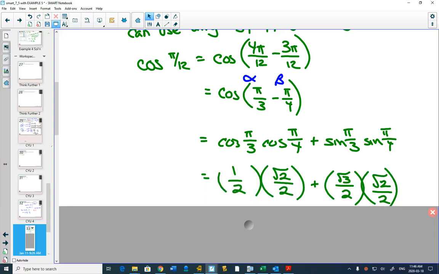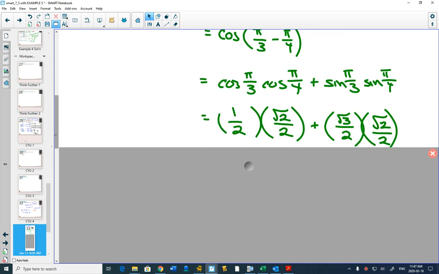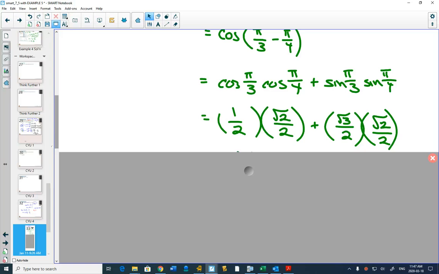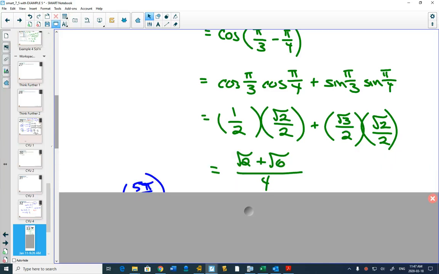Plugging in your values, and you have to write your final answer as a single fraction. So how do you multiply fractions? Can you see the bottoms are all going to be 4s? You have a common denominator. So you can add the tops.